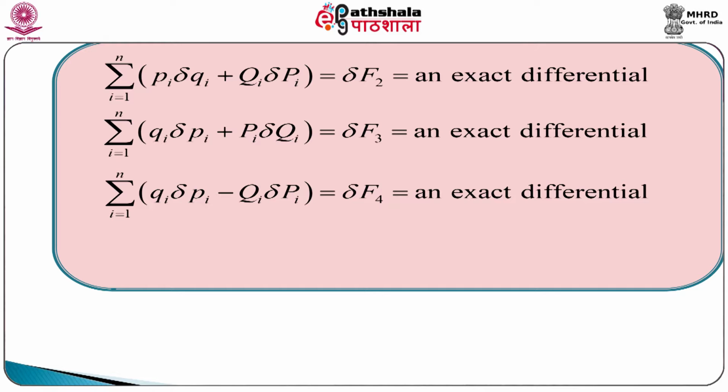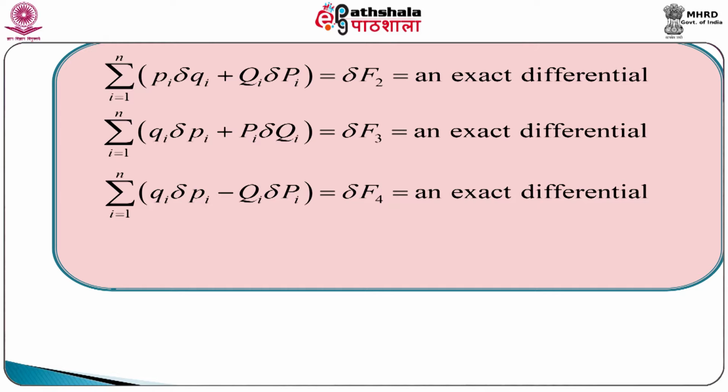In a similar fashion we can get the following conditions: summation over i equal to 1 to n of p_i delta q_i plus Q_i delta P_i equal to delta F2, an exact differential.